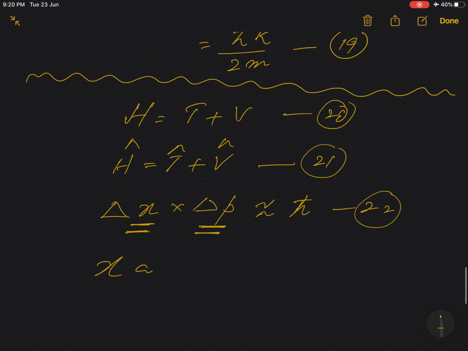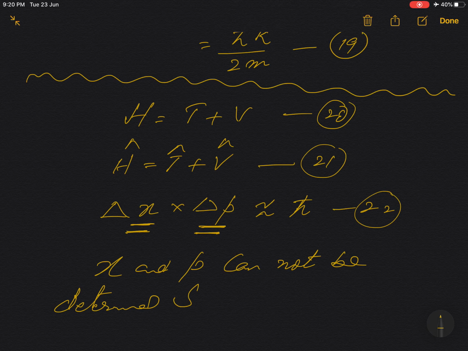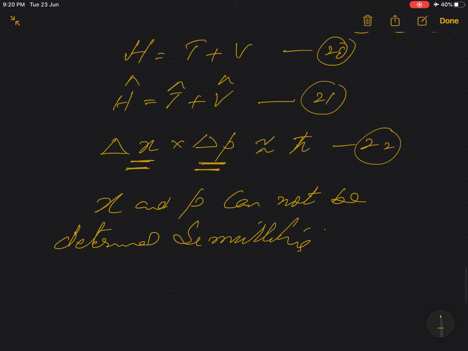That means x and p cannot be determined simultaneously. So what is the big deal in that?